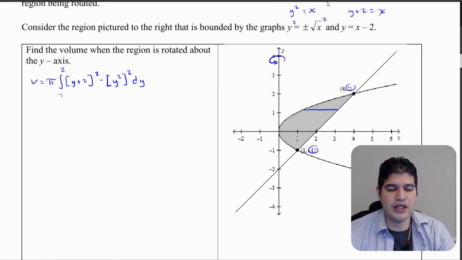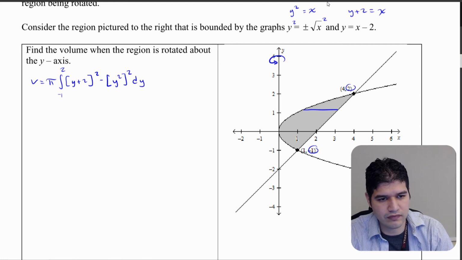And so what we want to do here is just go through the fundamental theorem of calculus. We're going to speed up the video and we're going to do all the arithmetic. So let's see it.